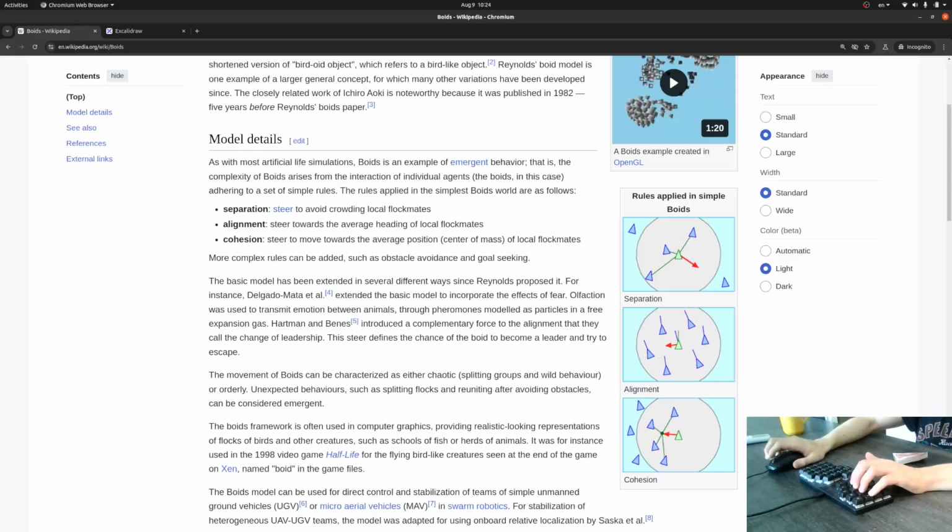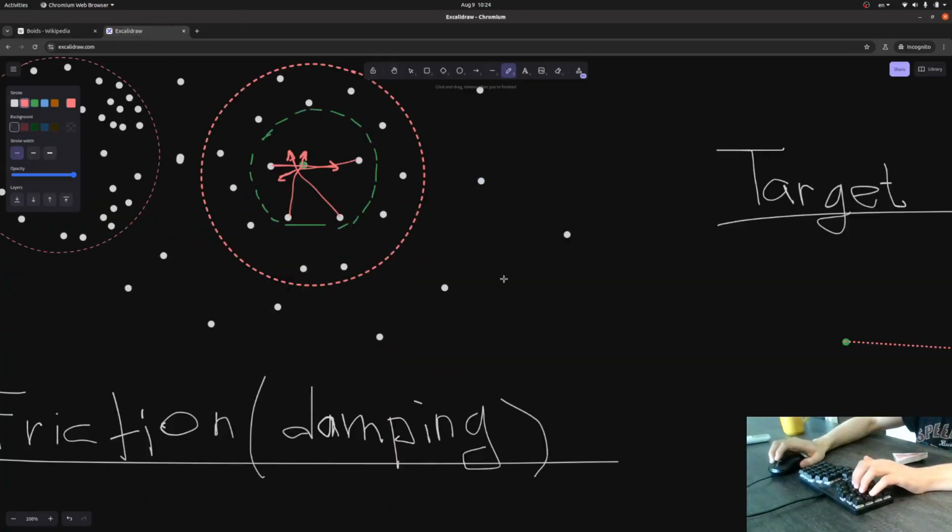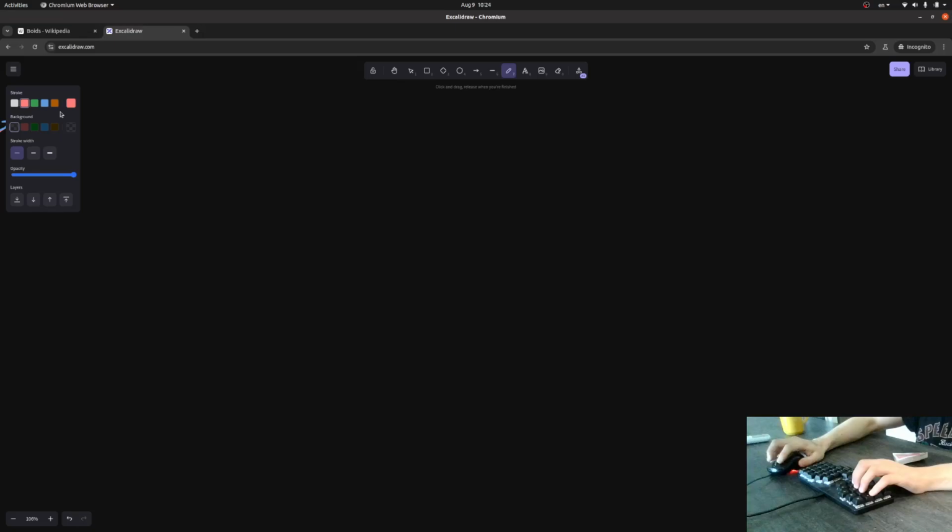So the cohesion, should I draw it? I don't think for now I should. Yeah, maybe I should. Let's say that I have the pack, not pack actually, these are all my Boids, and I'm updating some specific Boid here. And as we discussed, we already implemented the separation radius, separation force, and whatnot.